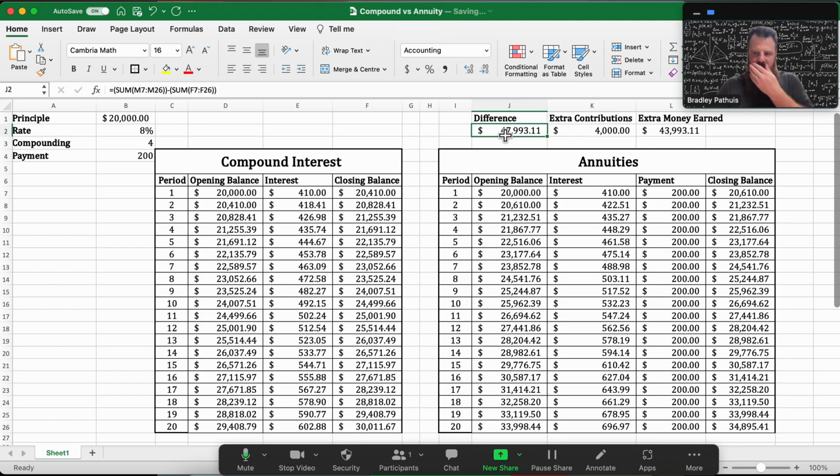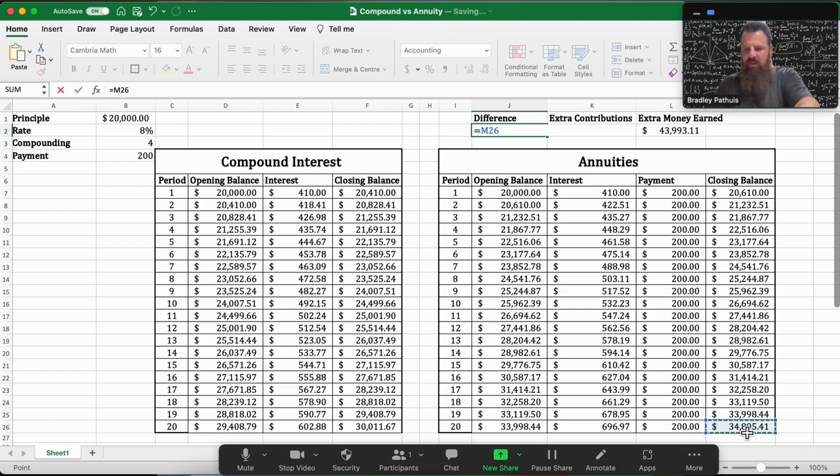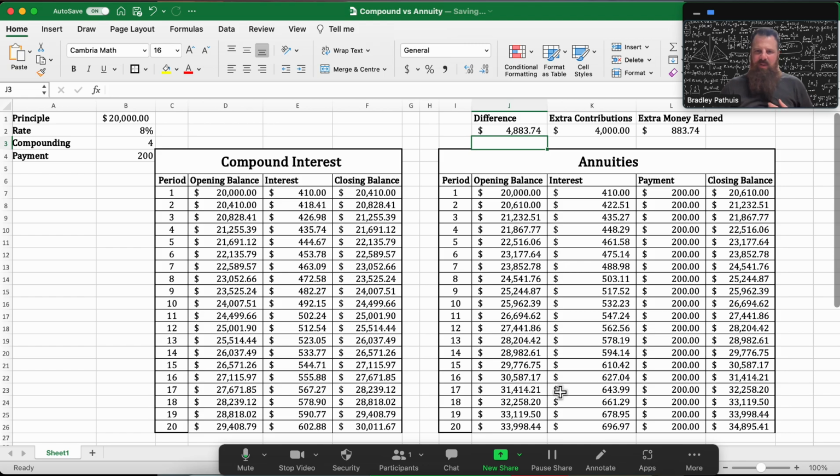So what we're going to do here is say the difference is this minus this. You can see there's a difference of $4,883.74 at the end of that period.